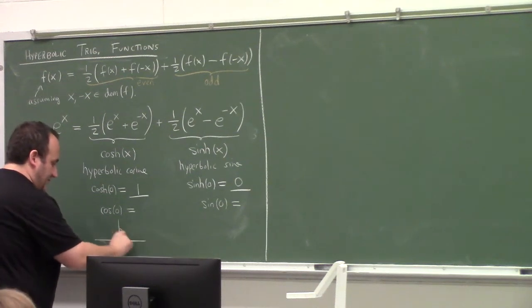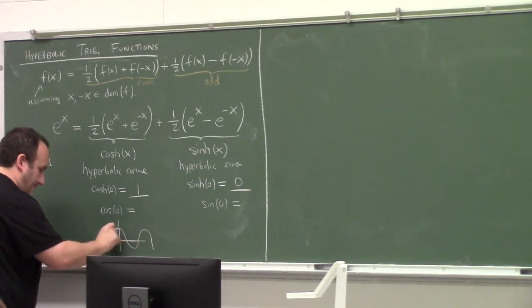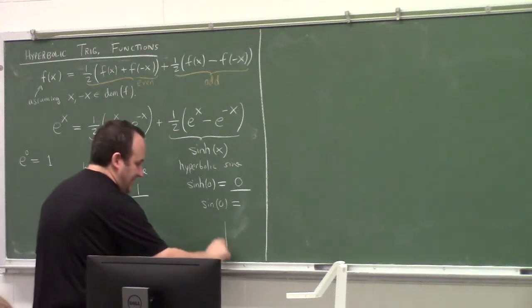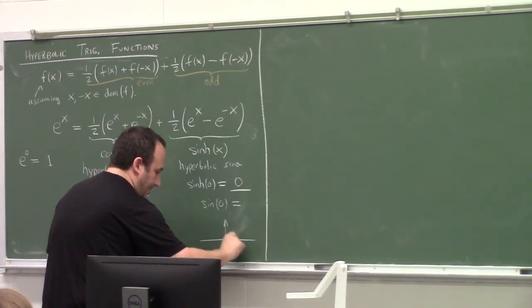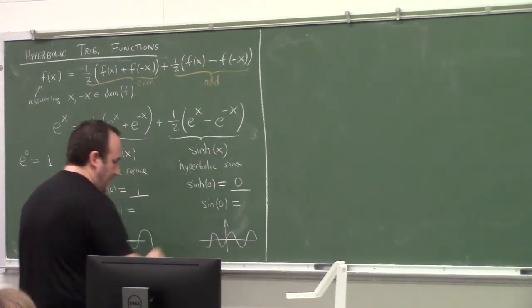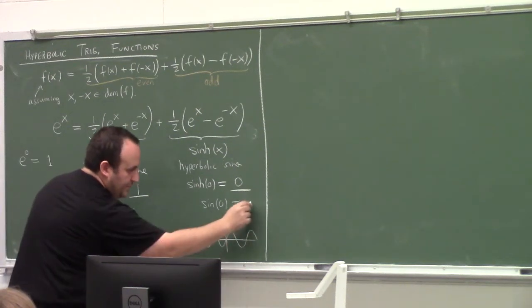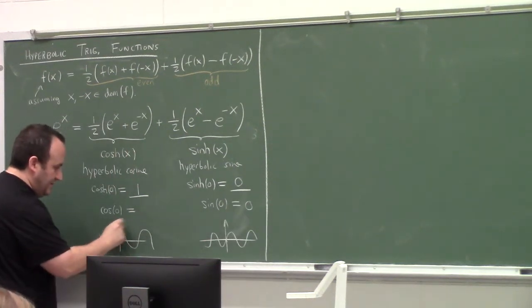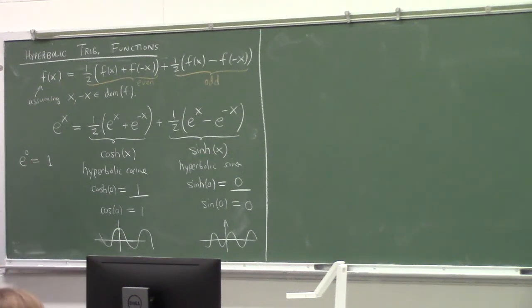Remember, cosine looks like that. Sine looks like this. So sine of 0 is 0. Cosine of 0 is 1. So I was right. So this is part of the reason that hyperbolic sine and cosine are called hyperbolic sine and hyperbolic cosine, because they are very analogous to sine and cosine.